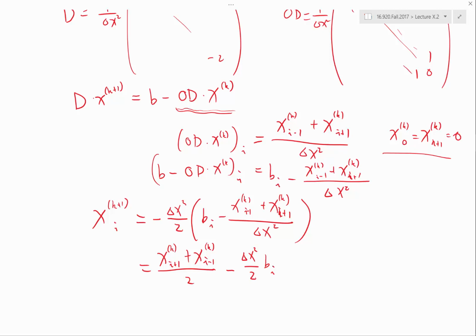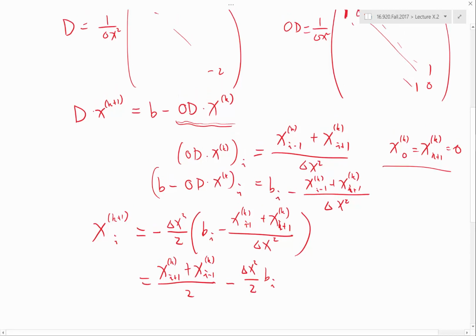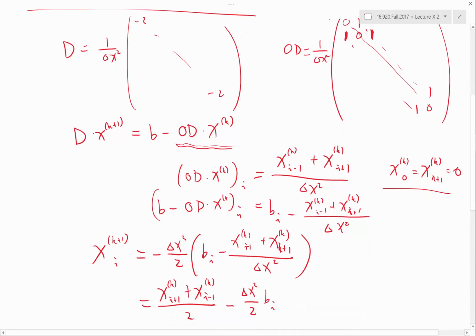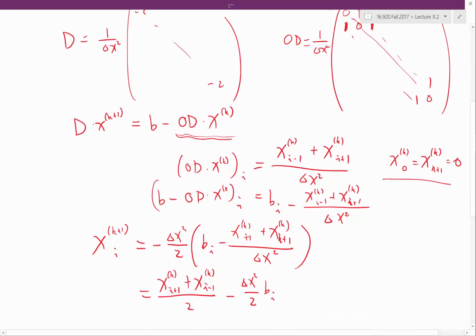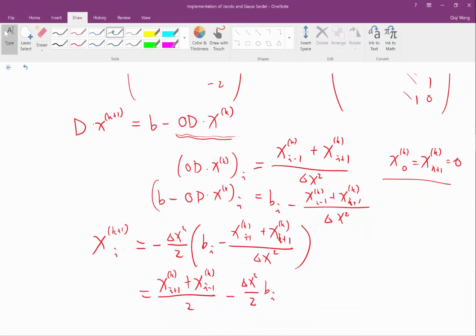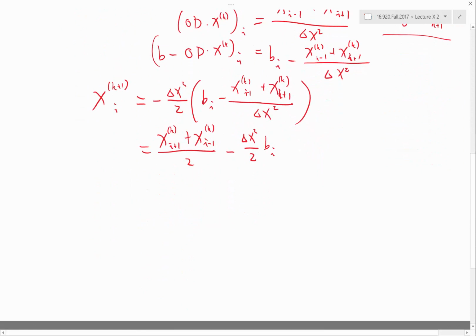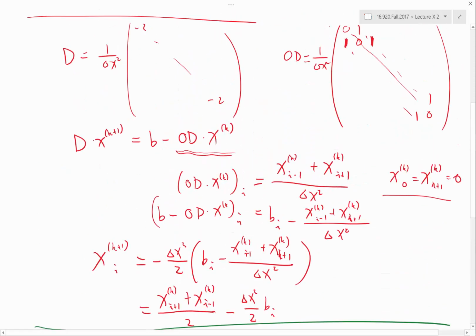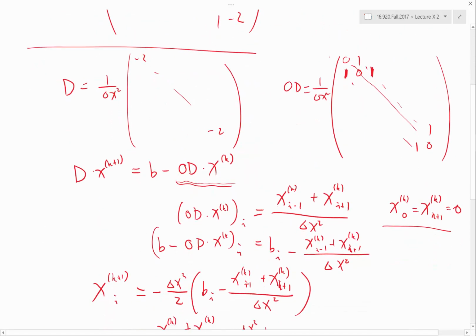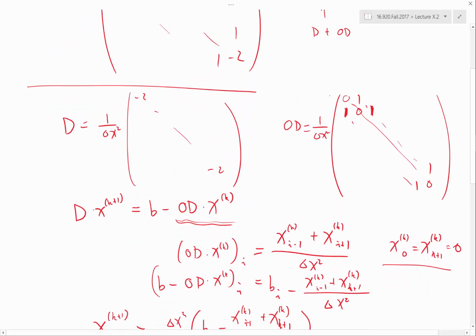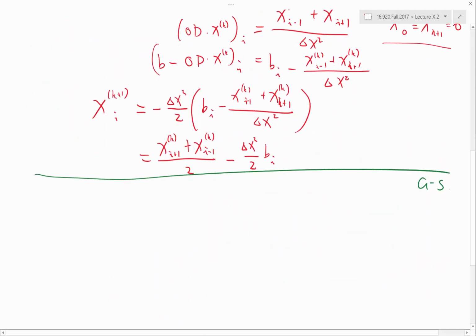All right. So how about Gauss Seidel? Gauss Seidel seems to be a little bit more complicated, but not really. So Gauss Seidel, first of all, the explicit part is going to be only the upper diagonal.